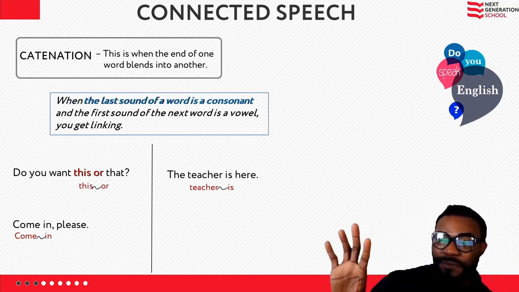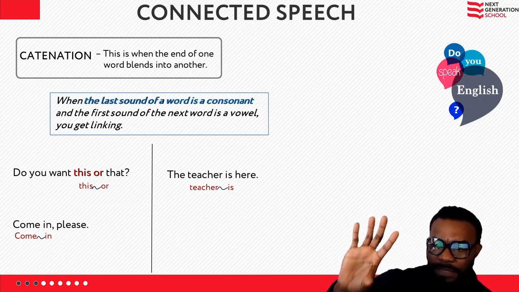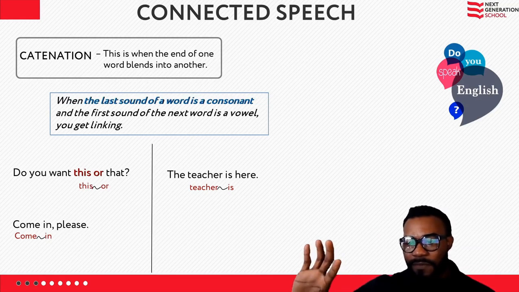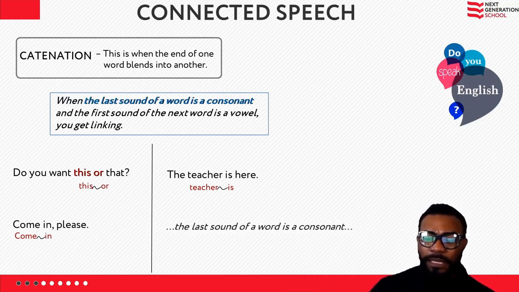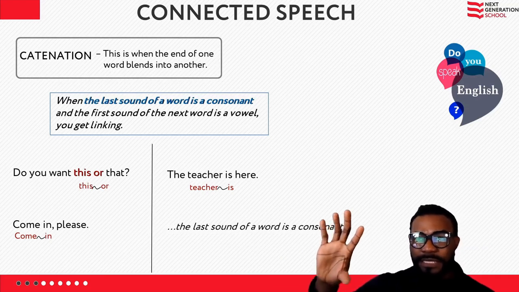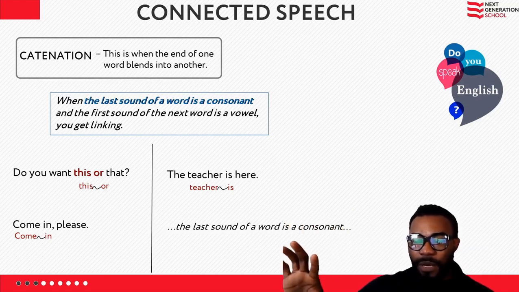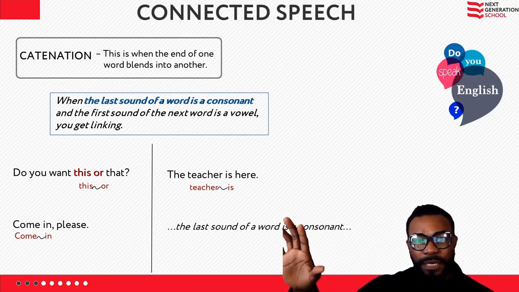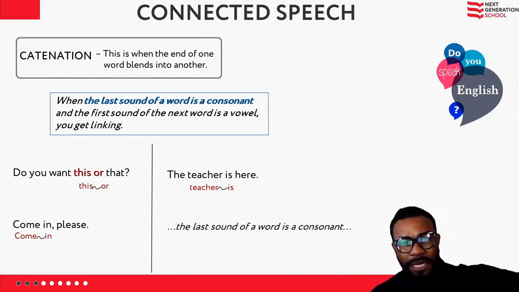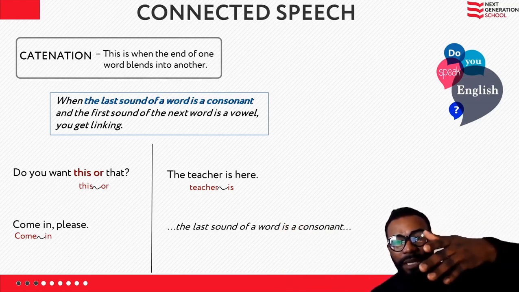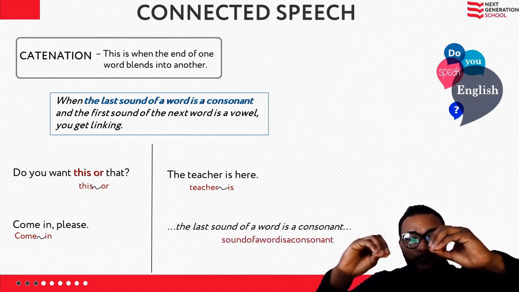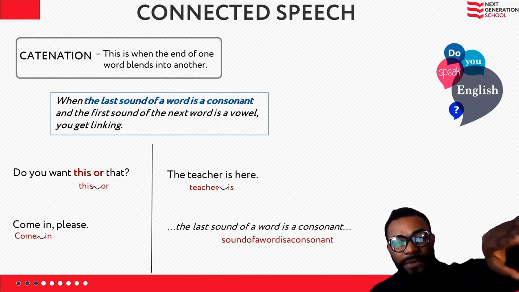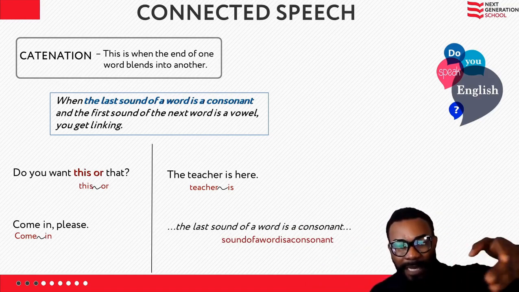So look at this phrase. The last sound of a word is a consonant. So we have last sound of the word is a consonant. So I read this together like one long word. Sound of the word is a consonant.